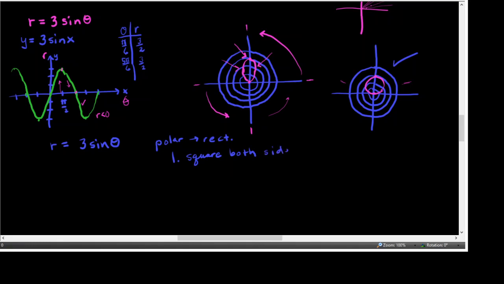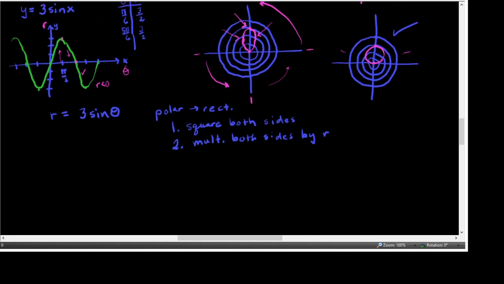That's a good trick. The second trick that's really good is you can multiply both sides of the equation by r. And depending on what you have to begin with, one of these two tricks is usually useful in going from polar to rectangular.